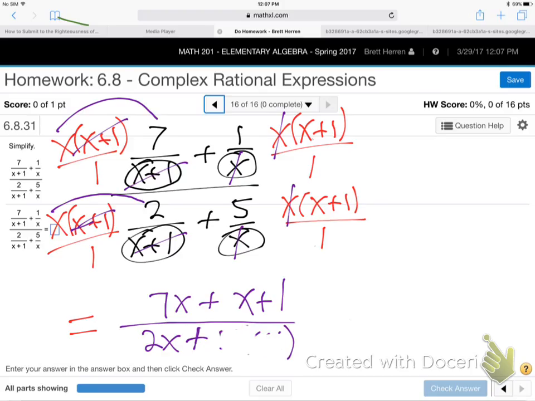I should just multiply it right now. 5 is going to go like that, right? 5x plus 5, everybody see that? Distribute right there. Right, we cross cancel and multiply what's left over, don't we? So multiply what's left over.